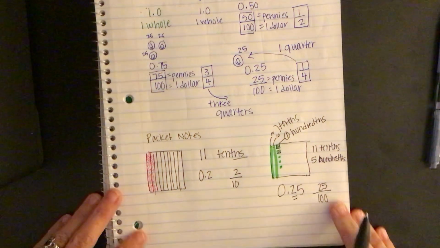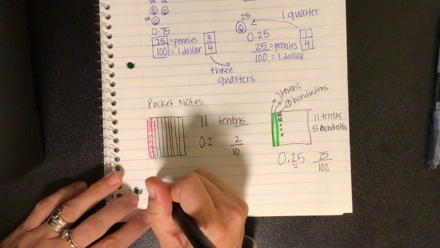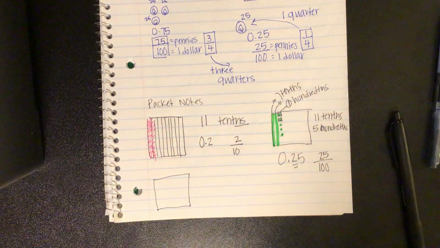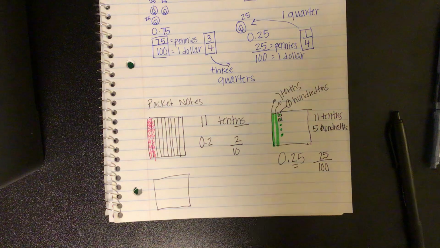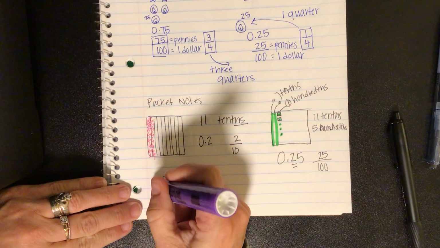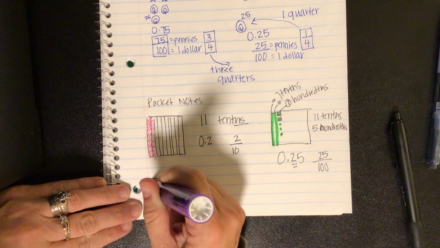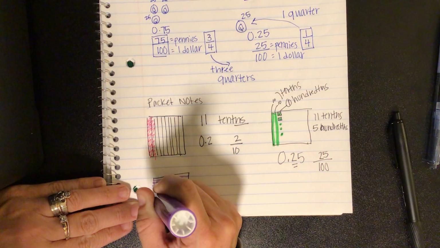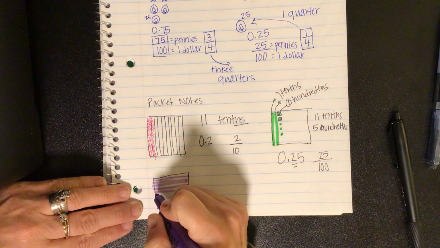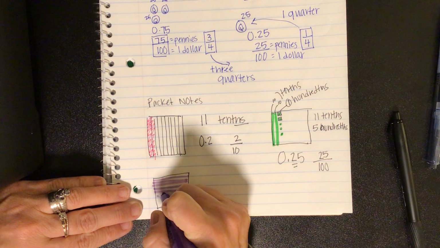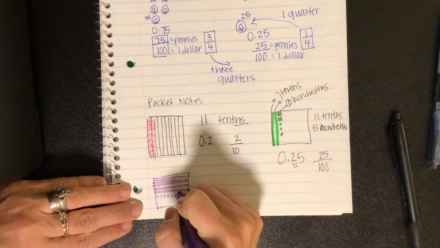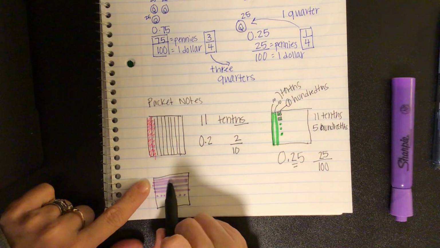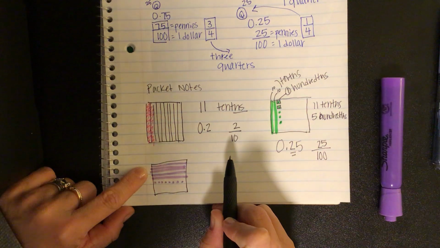Okay, let's do another one. Let's say the square is turned, right? And let's say they filled out 1, 2, 3, 4, 5. And then I've got 1, 2, 3, 4, 5, 6, 7, 8 filled in over here. Okay, so again, the rods each mean 10.